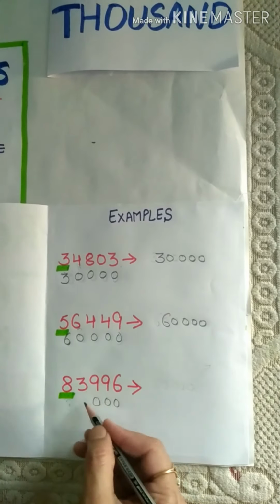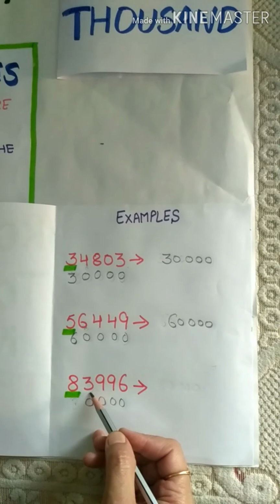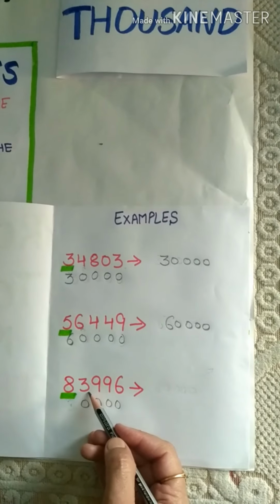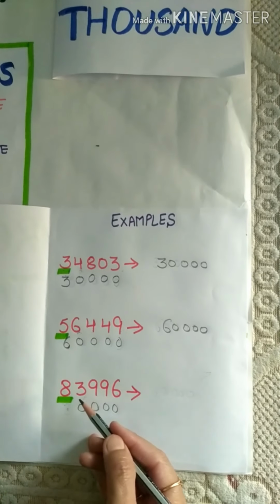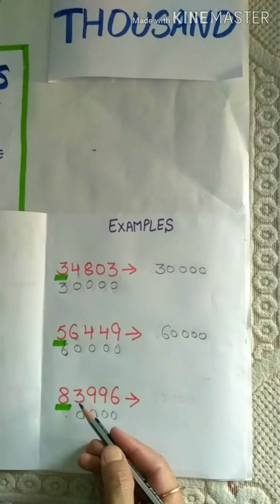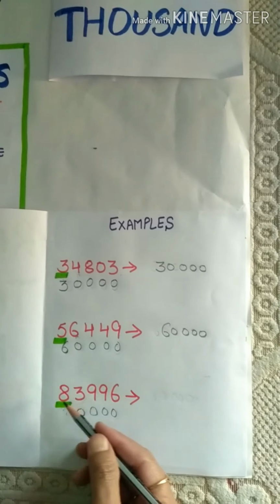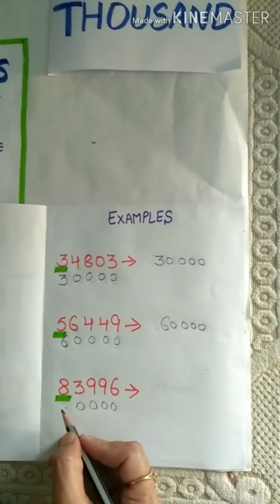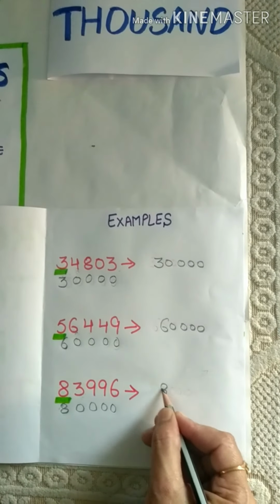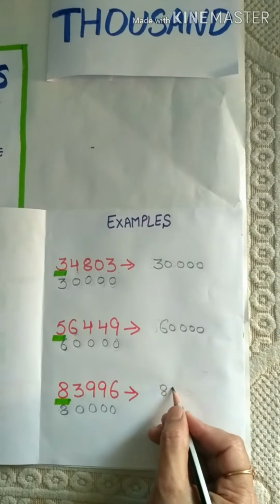Now see the number which is at the right side of the underlined digit. Here the digit is 3. So what we have to do? Yes, if the digit is less than 5, then we will not add anything in the underlined digit. So it will remain the same. Here the answer is 80,000.